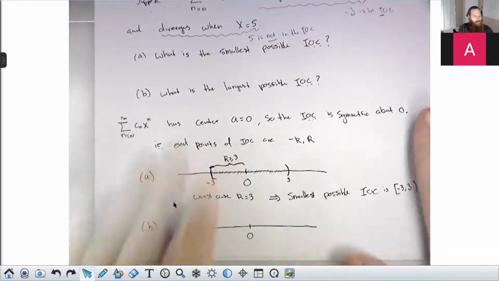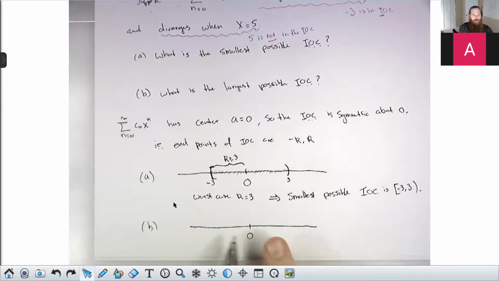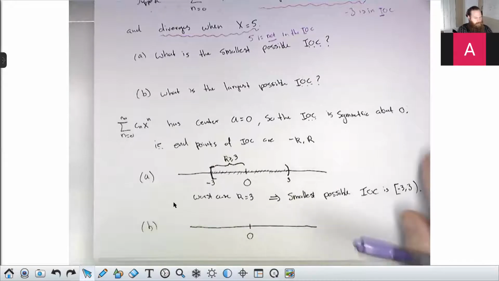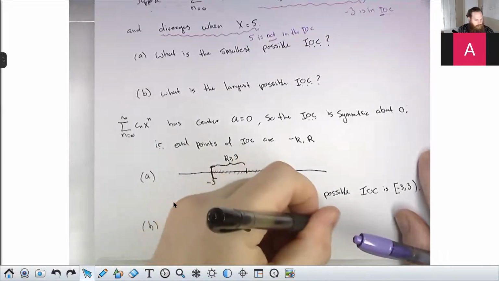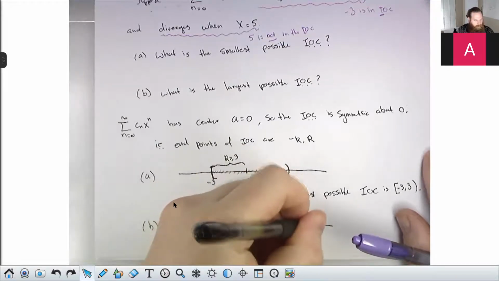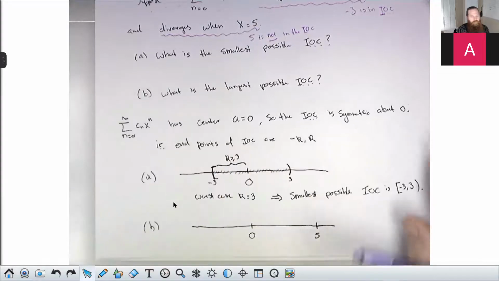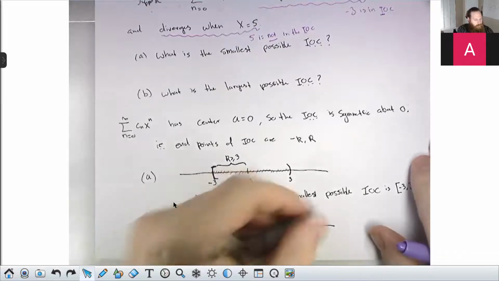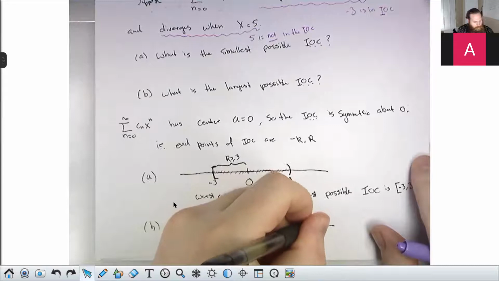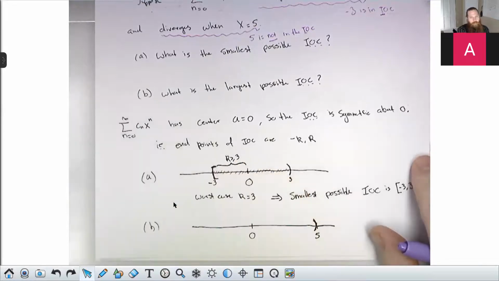So if I'm thinking, how far can I expand outward before I hit something that's definitely not in the IOC? Let's say 5 is right here. I know that 5 is not in the IOC. So the furthest I can expand to the right and not include 5 would be like this.